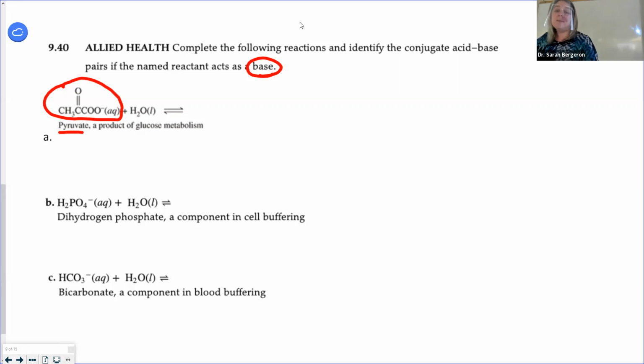So if it acts as a base, by definition, what is it going to do? Accept a hydrogen ion. Okay, so if this is the base, what is water? An acid. So if water is an acid, what is water going to do? Donate.